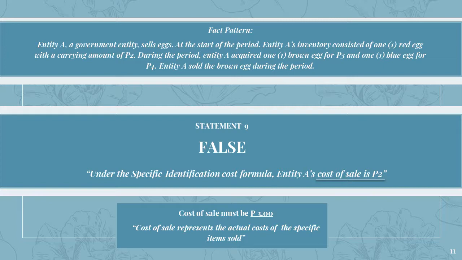We are not applying the FIFO method here, where the carrying amount of the red egg is 2, because we are selling the brown egg instead of the red egg. So the cost of the brown egg shall be the cost of sale.